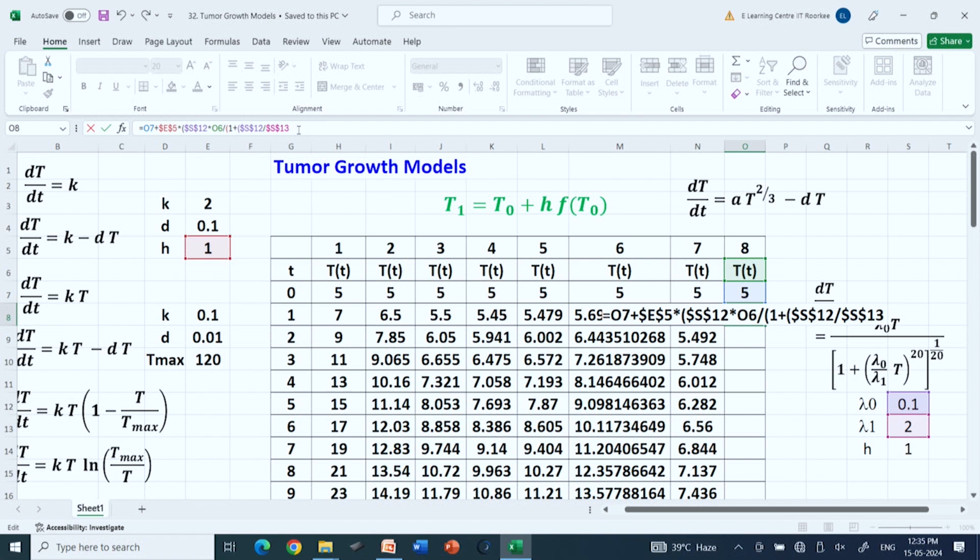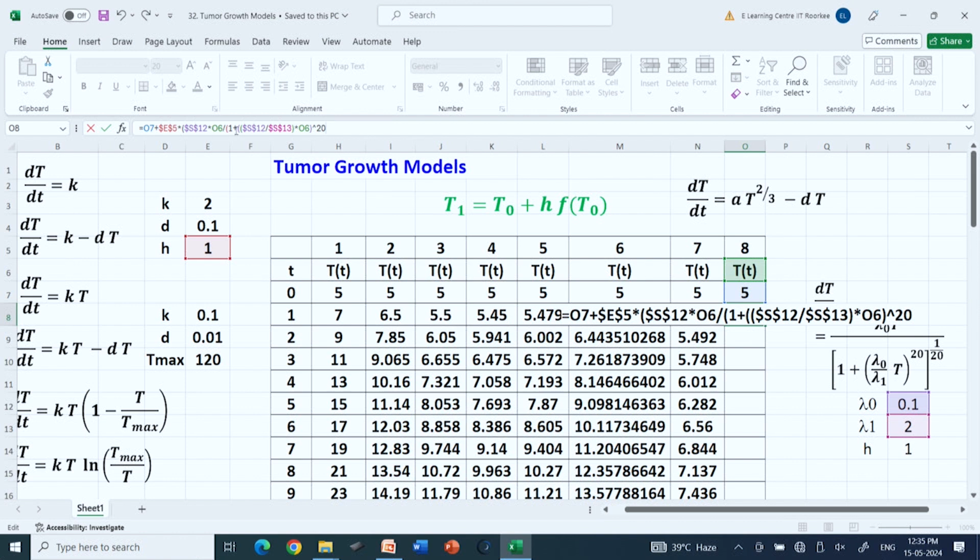This goes in a bracket multiplied by T0, and then the whole thing goes to the power 20. And then this whole thing goes to the power 1 by 20.